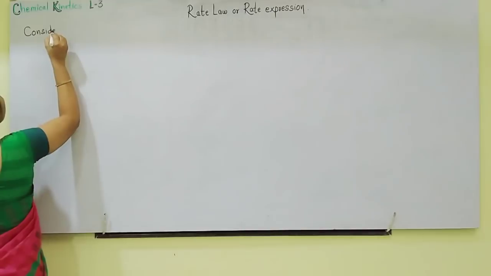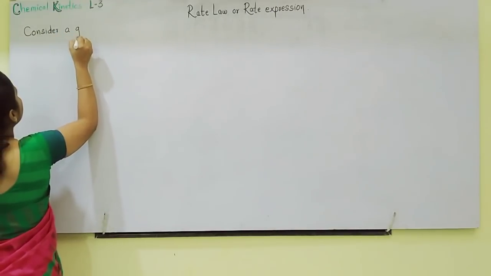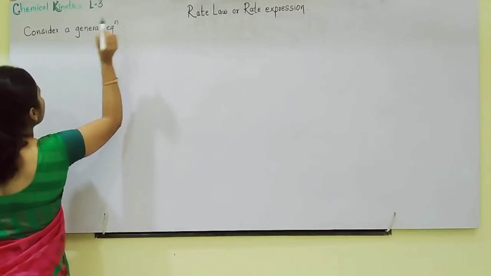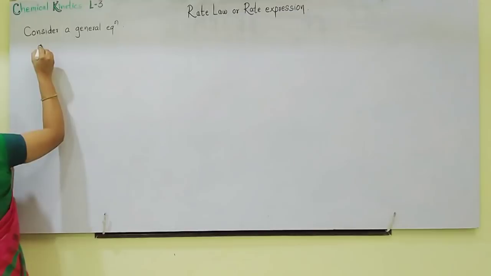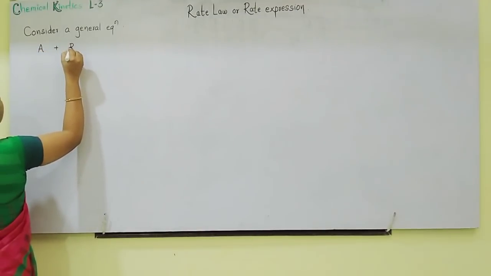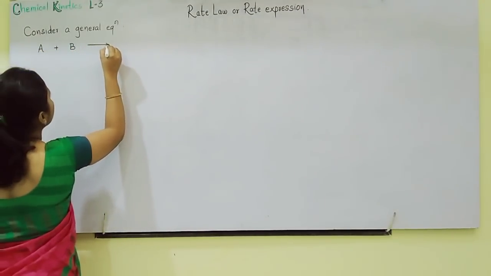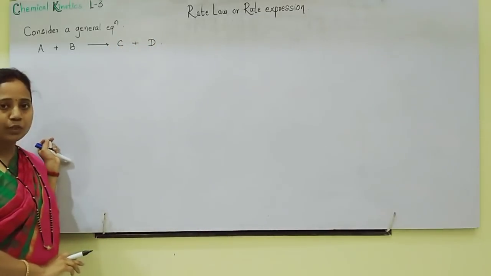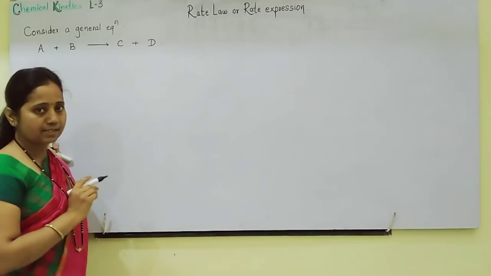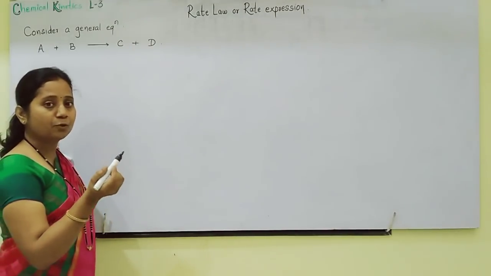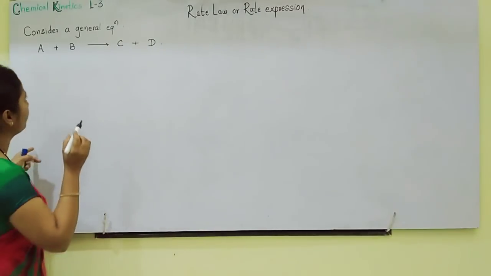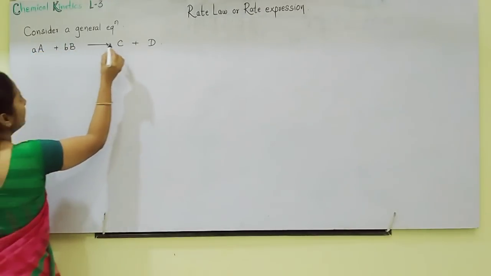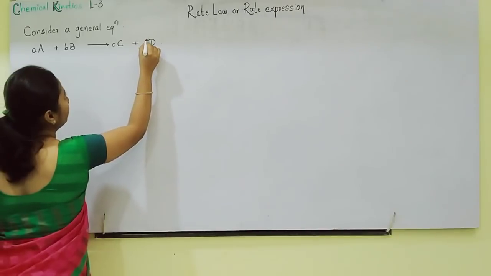Consider a general equation. I am writing the equation: a A combines with b B, giving c C and d D. So here reactants are A and B, products are C and D. Let us put balancing numbers or stoichiometric coefficients: for A, I am writing small a, small b, small c and small d.